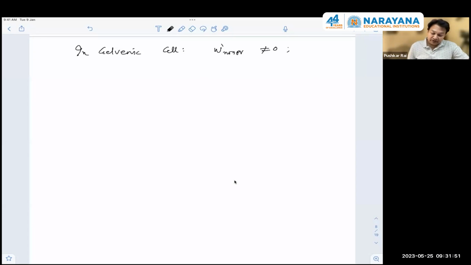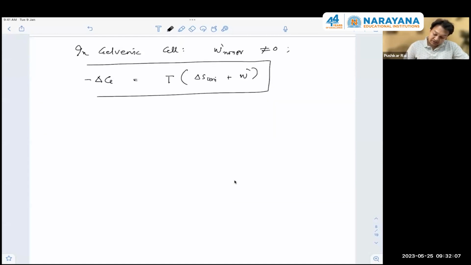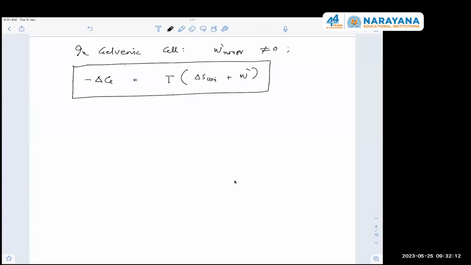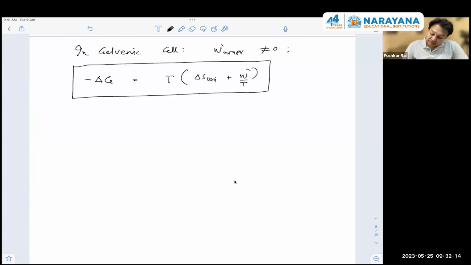You're always doing this work. So in these cases, the decrease in delta G is equal to T into delta S of the universe, total means universe, plus W dash. That will be the total decrease in Gibbs function. W dash by T.